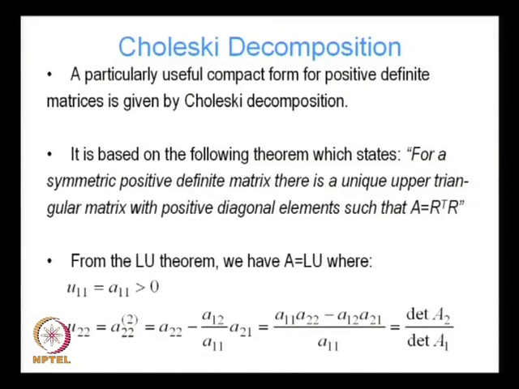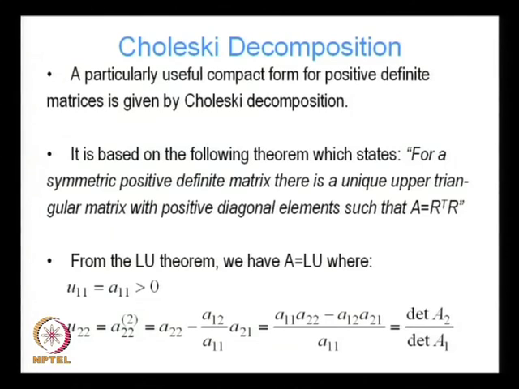It is based on the following theorem, which says that for a symmetric positive definite matrix, there is a unique upper triangular matrix R with positive diagonal elements such that A is equal to R transpose R. Let us recall our LU decomposition, where we said that A can be written as the product of a lower triangular matrix and an upper triangular matrix.